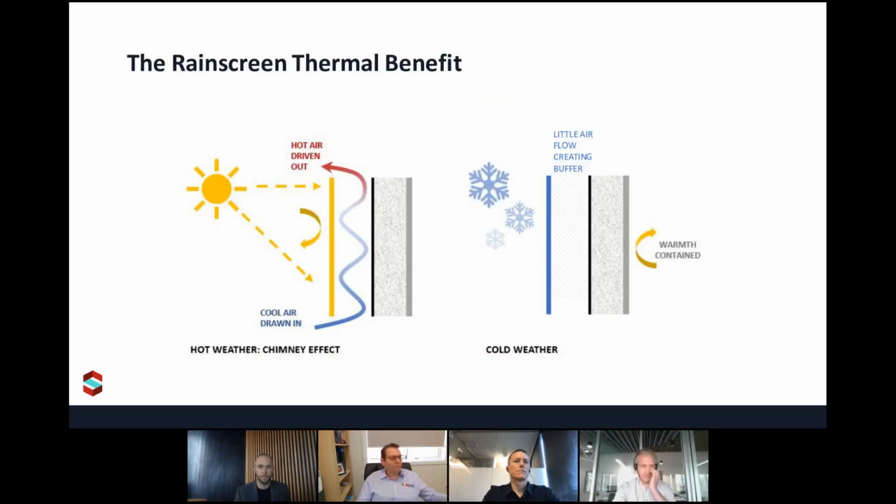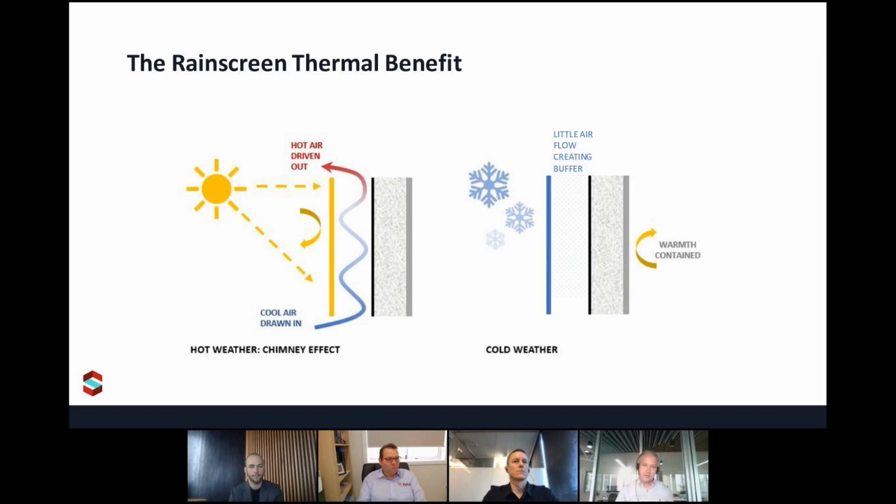And I just wanted to briefly talk about the thermal benefit of a rain screen. So as you can see there, you got the sun beating down on a hot day, for example, sun beating down on the facade skin. It's then heating the air within the cavity. Hot air obviously rises, and it's wanting to vent out the top.